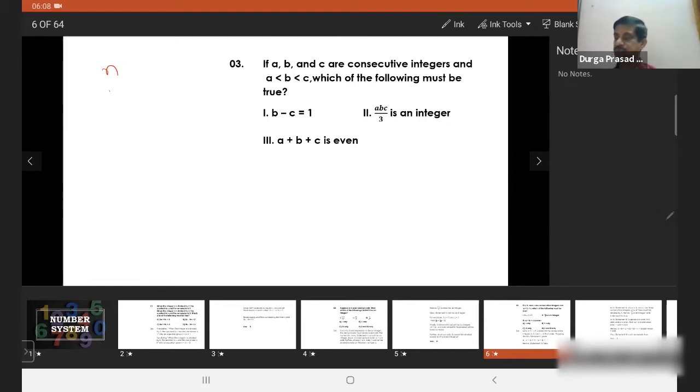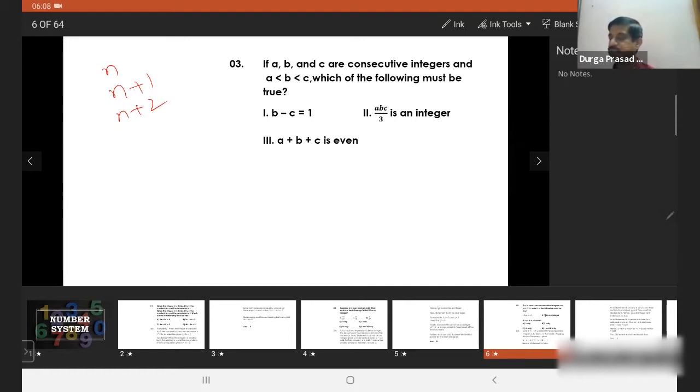So consecutive means n plus 1, n plus 2, like this. So ABC are consecutive integers, he said, but he did not tell which is even, which is odd. Nothing is told. So n can be even or odd. If n is even, then this becomes odd and this becomes even, like that.